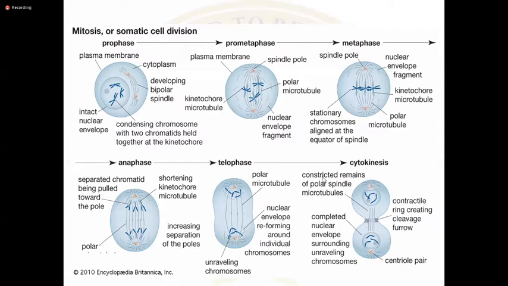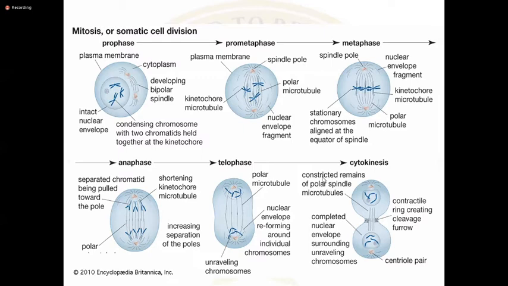Then we'll move on to the metaphase. So here what is happening is the chromosomes arrange themselves at the equatorial plane. This is the equatorial plane of the cell with the centrioles at the two poles, and you see that definite pattern of microtubules extending from one pole to the other, holding the centrosomes.